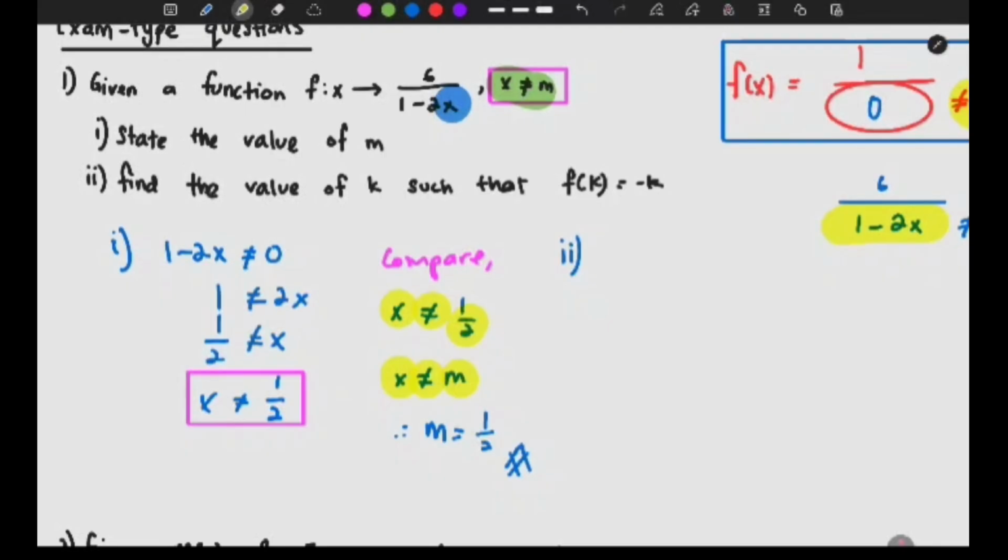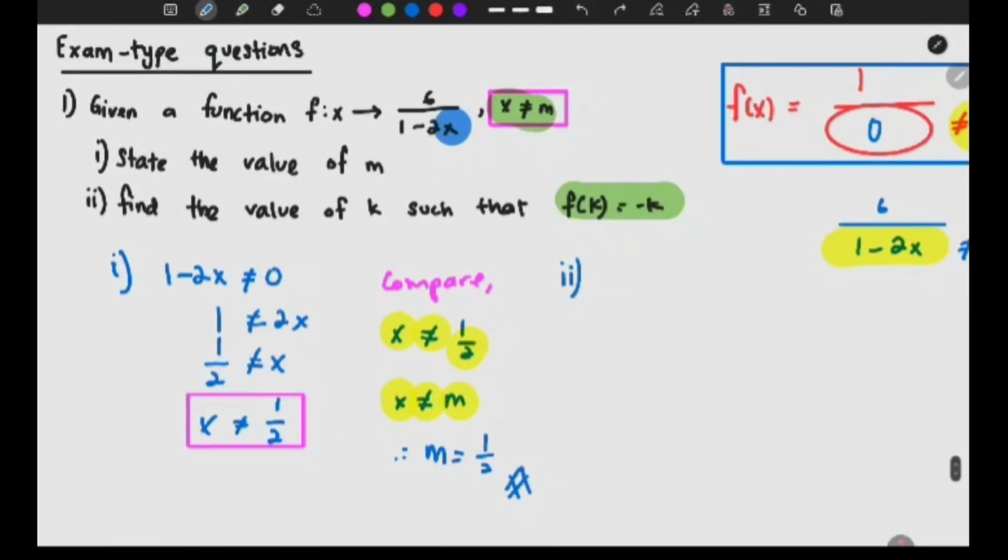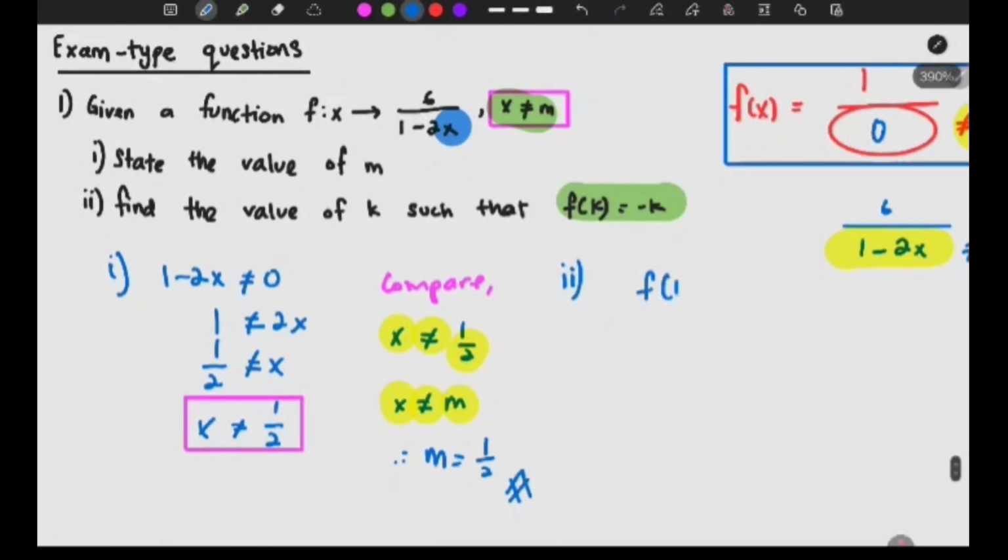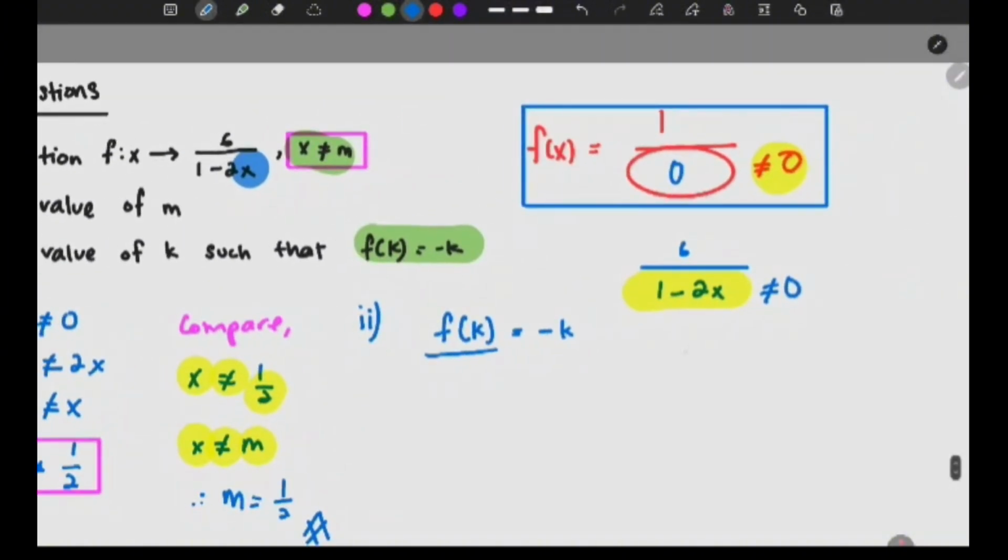So start from here. Now this is f(k). So what is f(x)? They give us f(x) equals 6 over 1 minus 2x, isn't it? But now my x is no more x. They actually replace it with k, so we also replace it with k. So 6 over 1 minus 2, and instead of x, it's k.